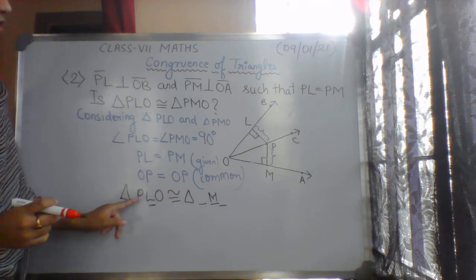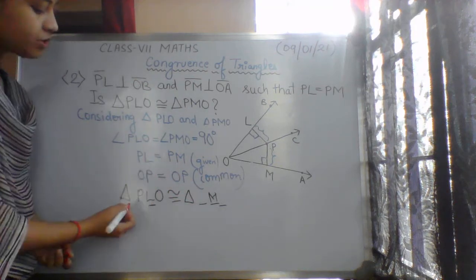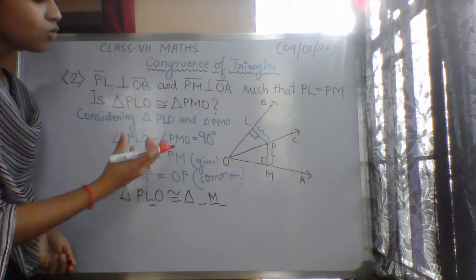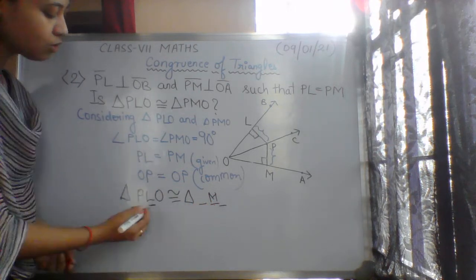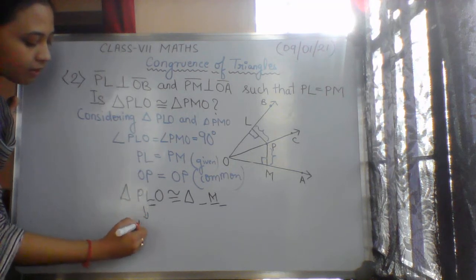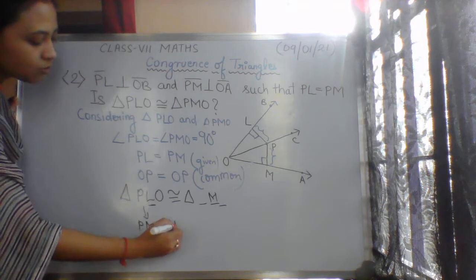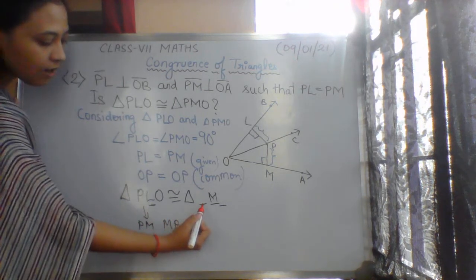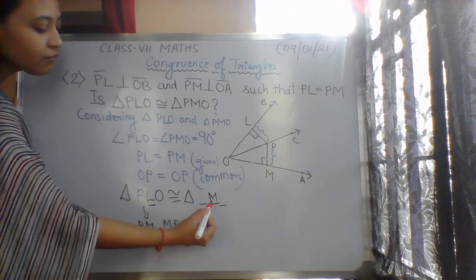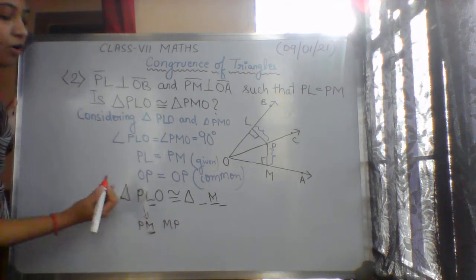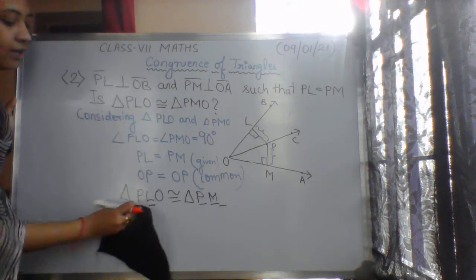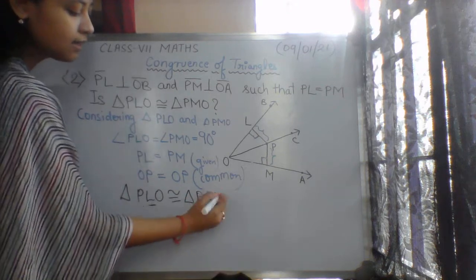I have no option but to write M in the second position, so obviously I have to write P here. And the other letter left for that triangle is O.